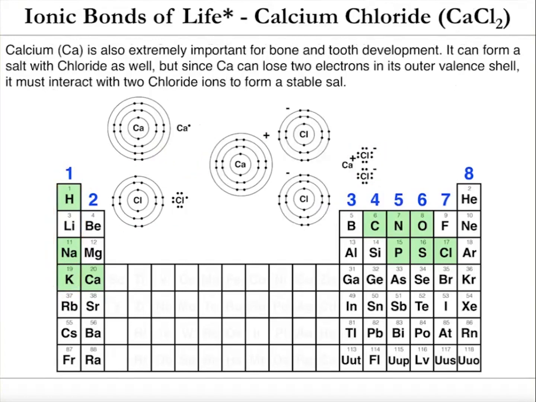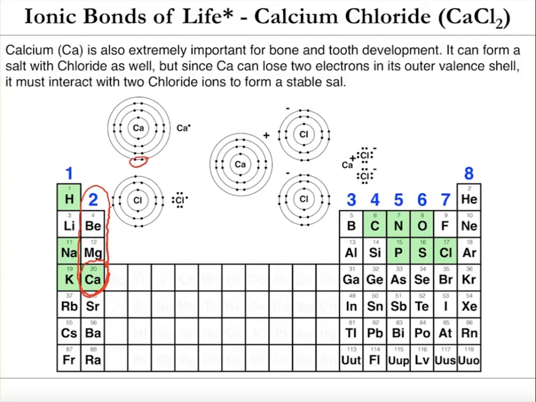And then the last element that's really important for life is also calcium. So calcium, of course, is really important for bone and tooth formation and development, and it can form a salt with chloride as well. But you'll notice that calcium is actually in the second column of the periodic table. So what does that mean? It means it has 2 extra electrons in its outer shell.